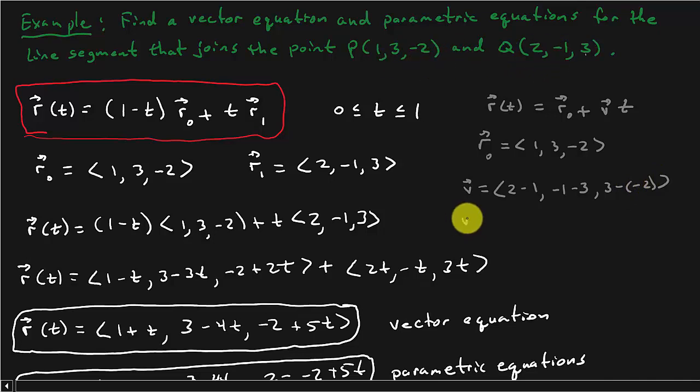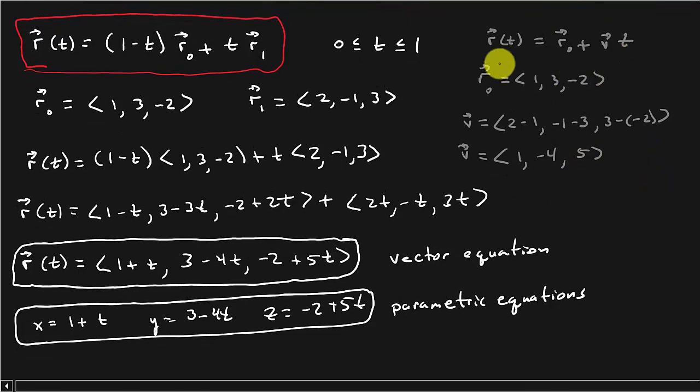I just did this minus this, this minus this, this minus this. And so I get v is equal to (1, -4, 5). And now we just plug that in, so r(t) is equal to (1, 3, -2) plus vector v, which is (1, -4, 5), times t.